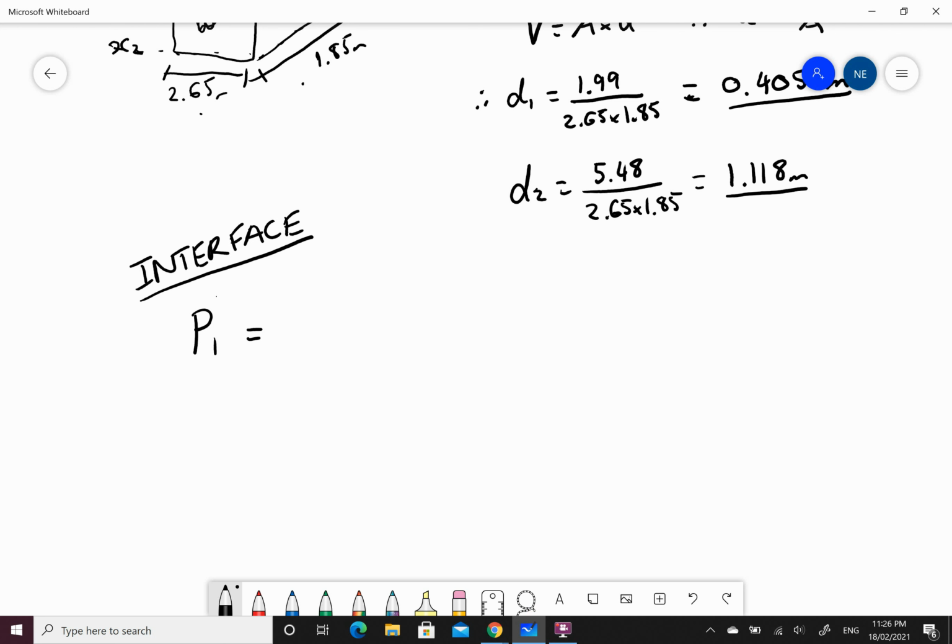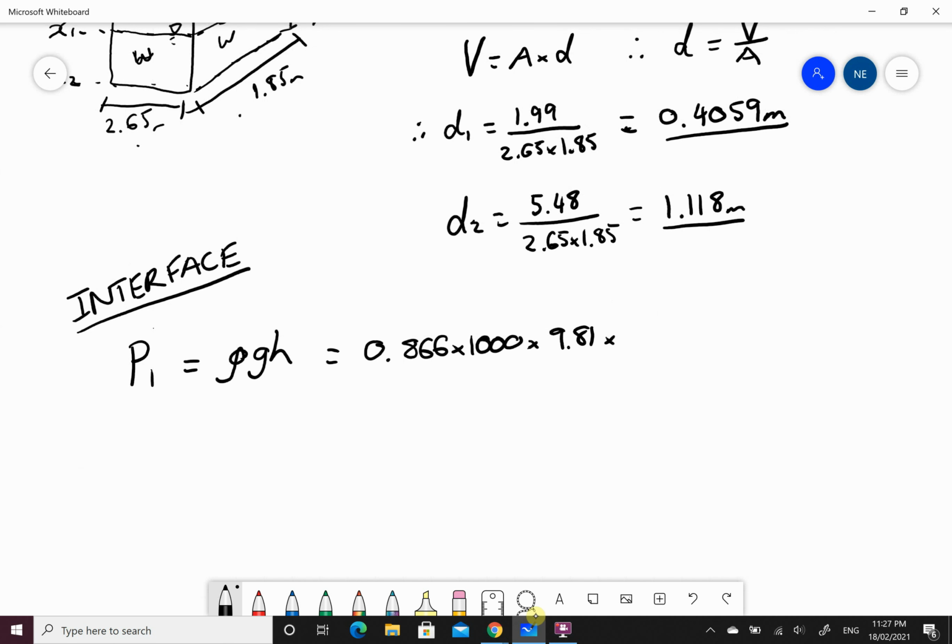The only thing acting there is the oil, rho G H, where H is D1: 0.866 times the density of water, times 9.81, times D1, 0.4059.